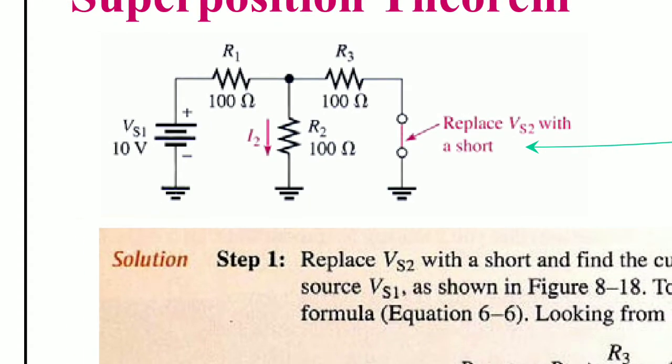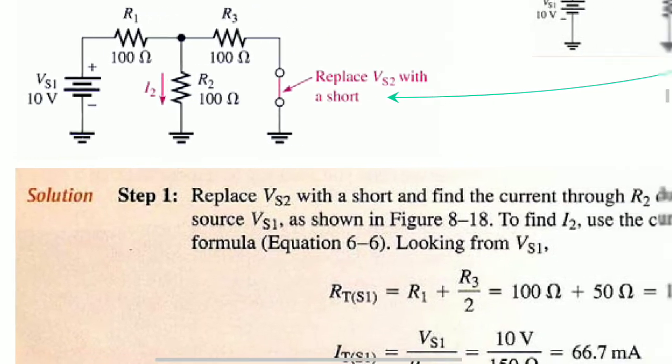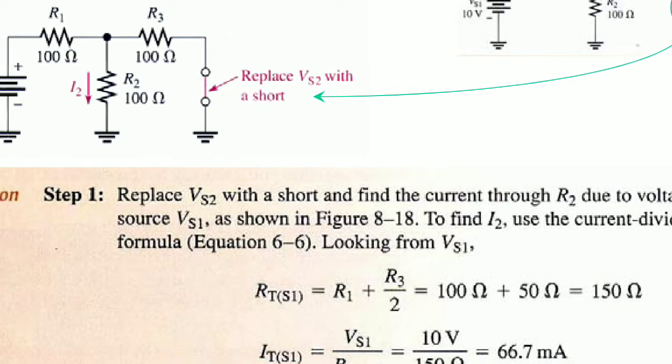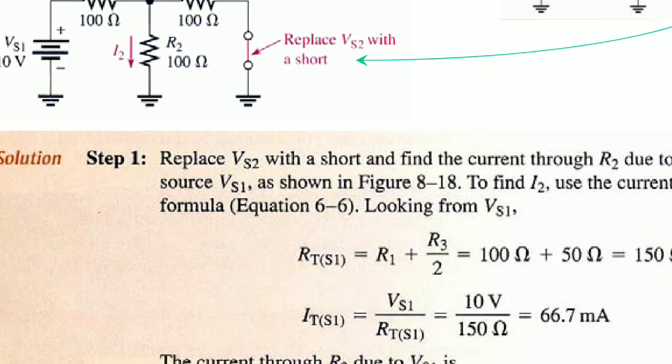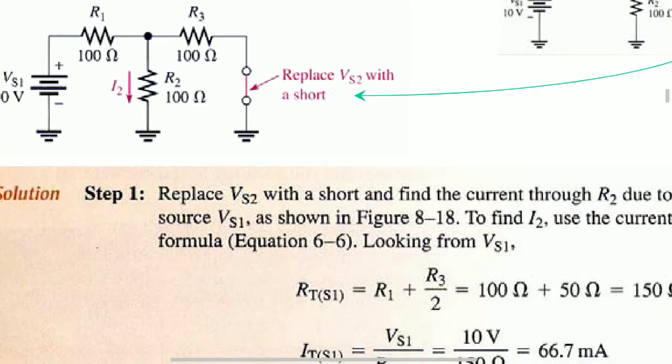So the solution, step 1, is to replace Vs2 with a short and find the current through R2 due to voltage source Vs1. From the circuit, R3 and R2 are both in parallel.